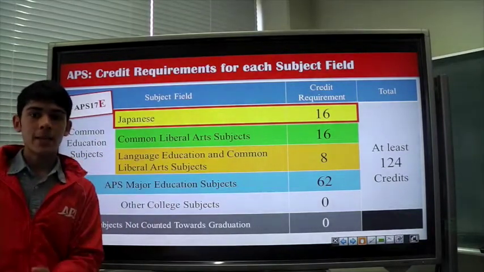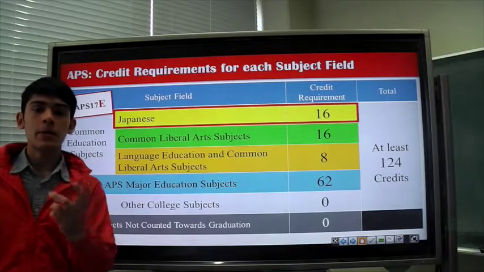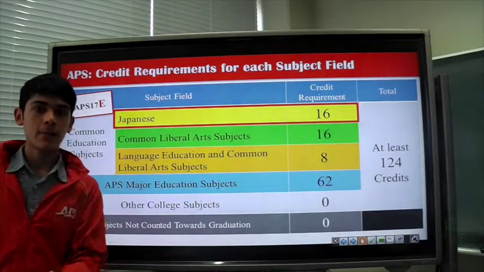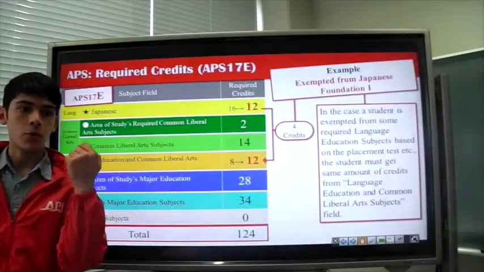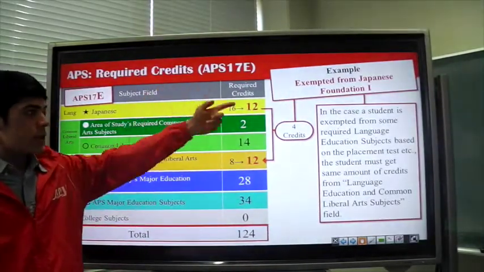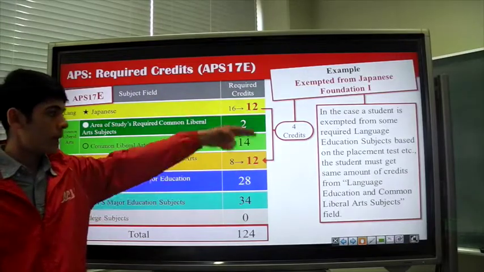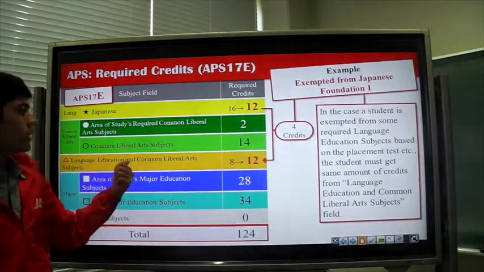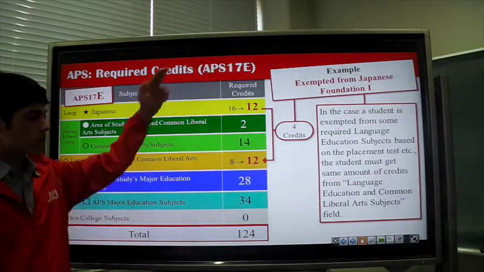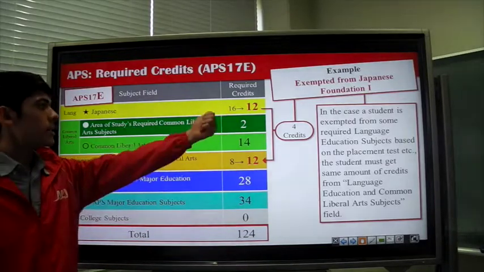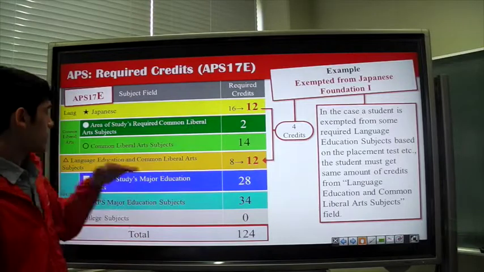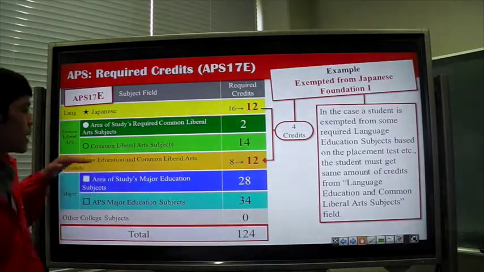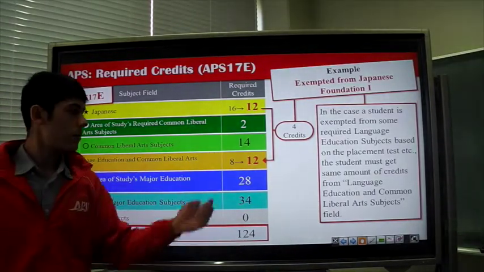However, if during your Japanese placement test you get exempted from a Japanese course, for example Japanese course 1, your 4 credits will go down to language education and common liberal arts subjects. So your Japanese requirement credits will become 12, and the language education and common liberal arts subjects requirement credits will also become 12.